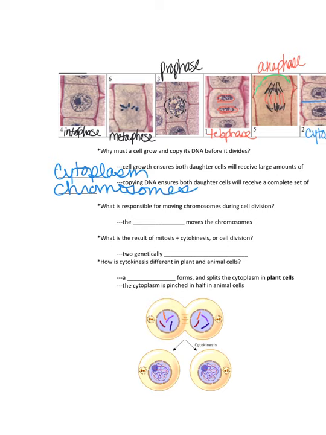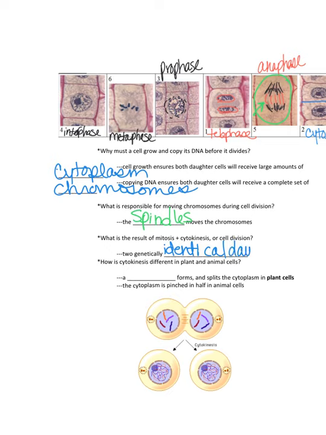Those were those spindle fibers, okay, right here in the red. And those formed in prophase, and then they hook up to the chromosomes and they move them across the cell. So the spindles are what move the chromosomes. And finally, our end result is going to be two genetically identical daughter cells after cytokinesis. Two genetically identical.